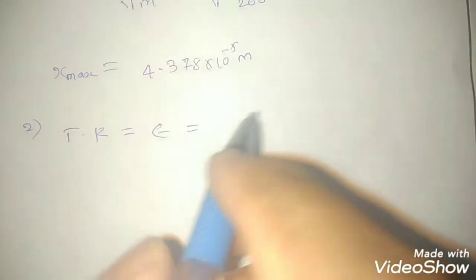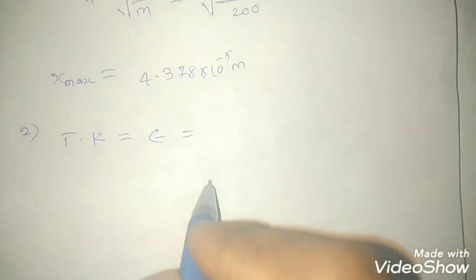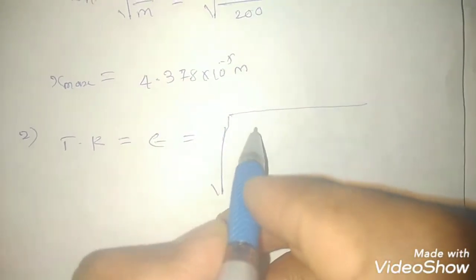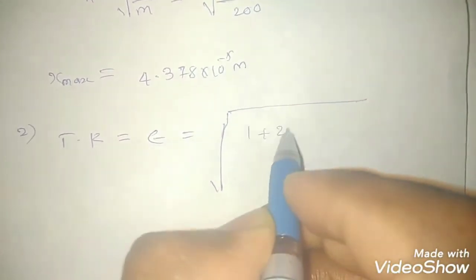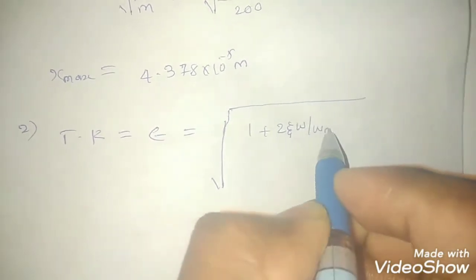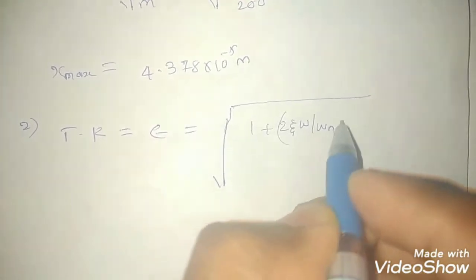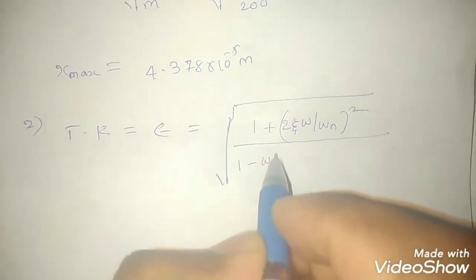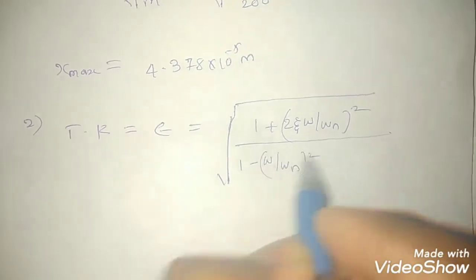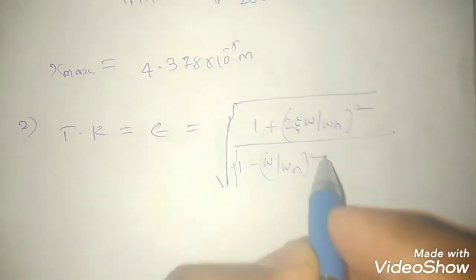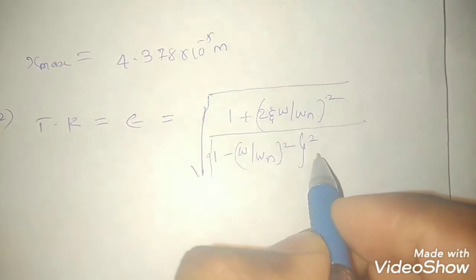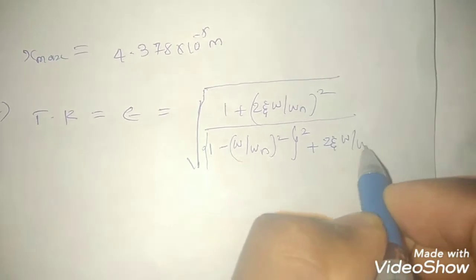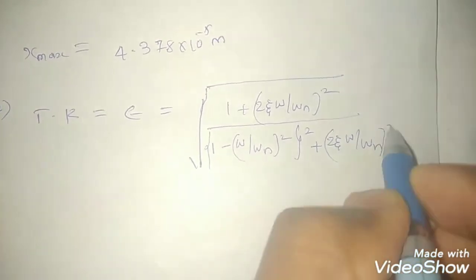The formula for the transmissibility ratio, as we discussed in the class, is root of (1 plus (2 zeta omega by omega n) square) divided by ((1 minus (omega by omega n) square) whole square plus (2 zeta omega by omega n) square).